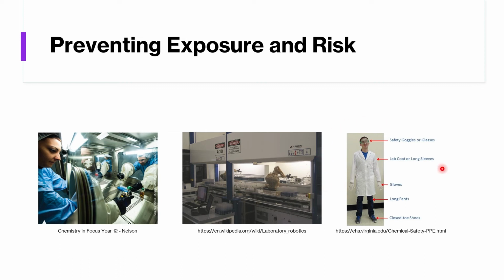We can also prevent exposure and potential risk by using our PPE carefully and effectively. Here as well, I thought was a pretty cool picture of an environment which is even more contained than our fume cupboard. So this container is completely sealed, and the only way to access is to put your hands through these special holes with gloves that sit at the end.